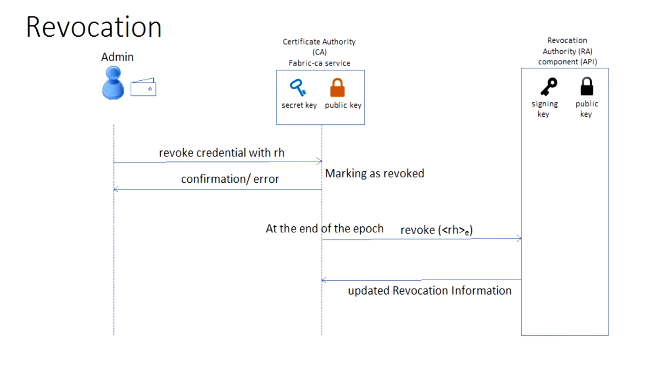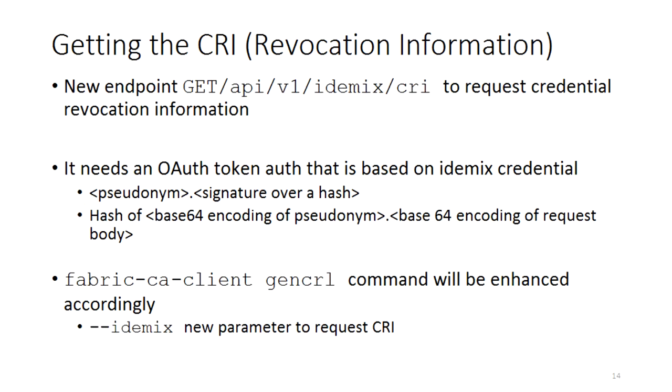That would also make things more efficient. So the revocation component can handle both a list of revocation handles to be revoked at the same time, or just one, and then we'll update the revocation information accordingly. That's a matter of configuration. Okay, go to the next slide.